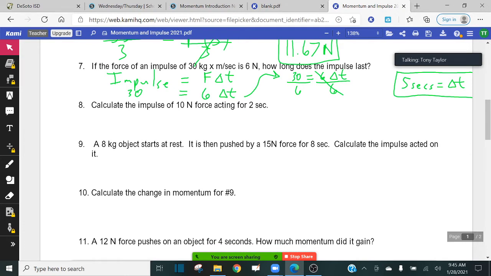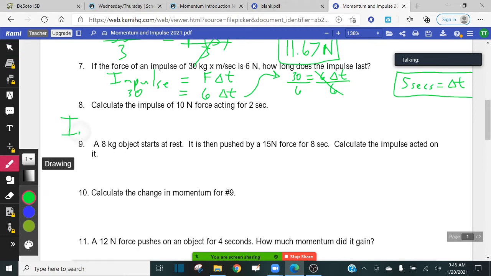Look at number 8. Number 8 says calculate the impulse of 10 newtons of force acting for 2 seconds. Super easy. Remember, impulse is equal to force multiplied by time. If the force is 10 newtons and it acts for 2 seconds, 10 times 2, it's obvious what that is.